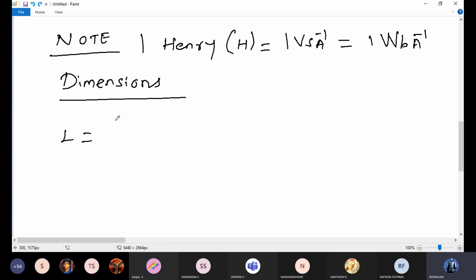So phi by I. Okay, phi means what? That is the magnetic flux, no? B dA divided by I. Now do a small simplification.